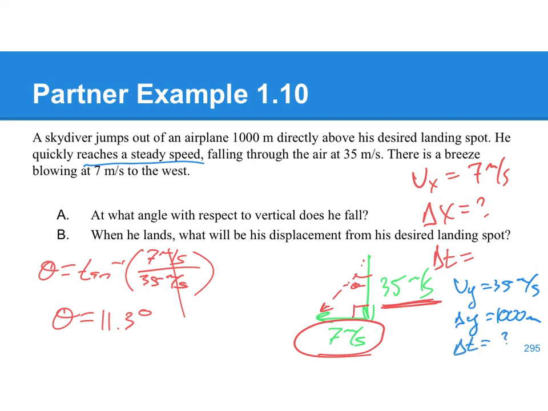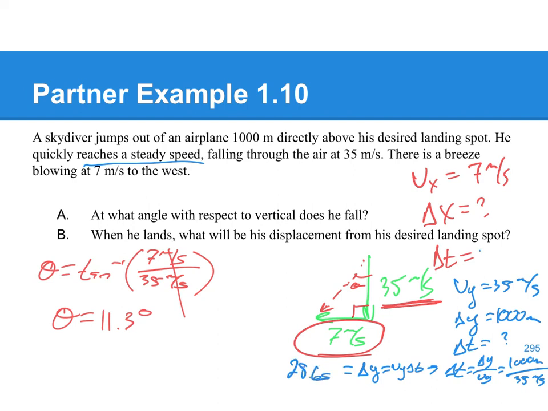And now let's solve for time. So running out of room again, but Vy, delta y, and delta t. But we're going to treat this as uniform motion. So delta y is Vy delta t, which means that delta t is delta y over Vy, which is 1,000 meters over 35 meters per second. So 1,000 divided by 35, I get a delta t of 28.6 seconds.